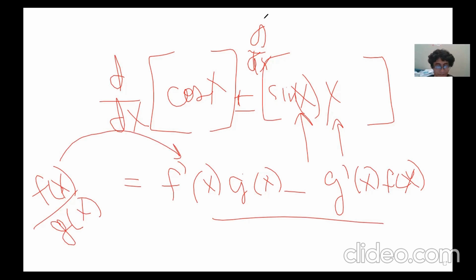Derivative of the top times the bottom minus derivative of the bottom times the top. Then just square the bottom when you divide, and this is a minus sign. Just reminding you of formulas there.